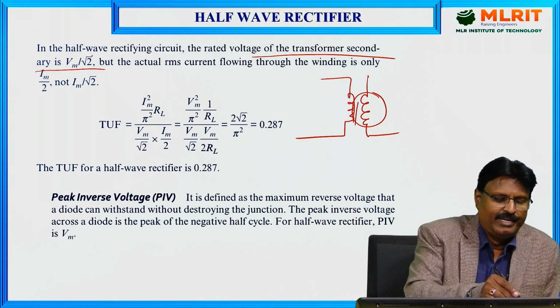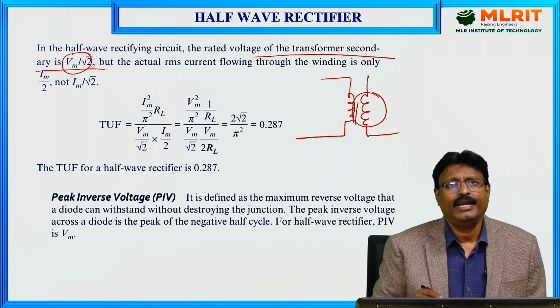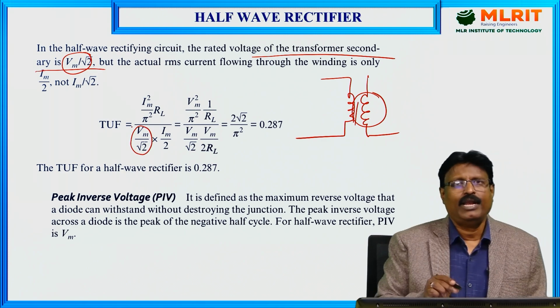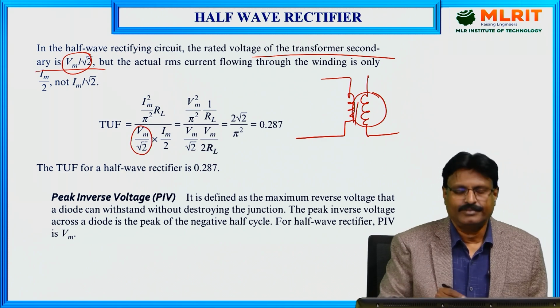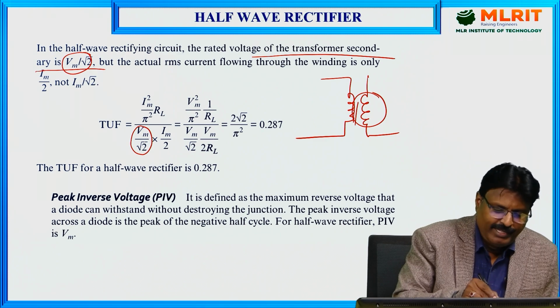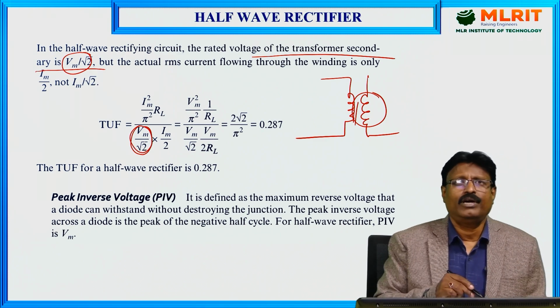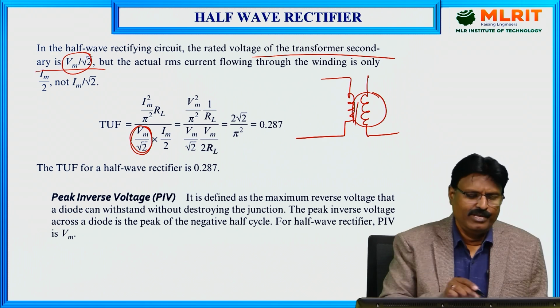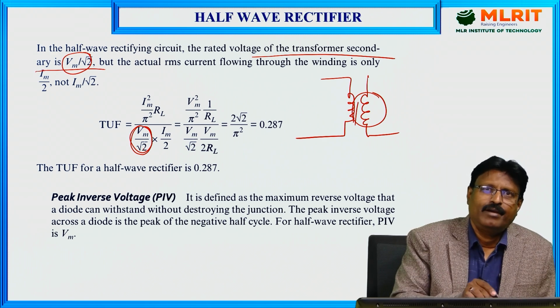So the value will be taken as Vm by root 2. Here we need to calculate AC rated power. So for voltage I am writing the rated value of the transformer secondary, Vm by root 2. Whatever the rectifier, you need to take this parameter into account.